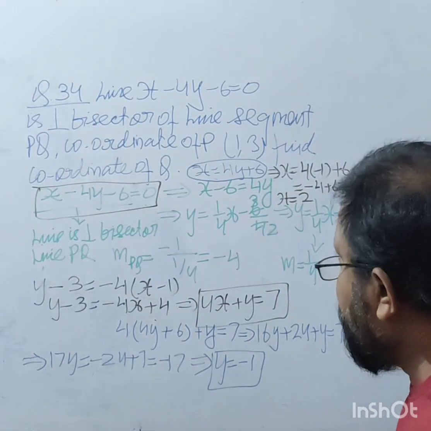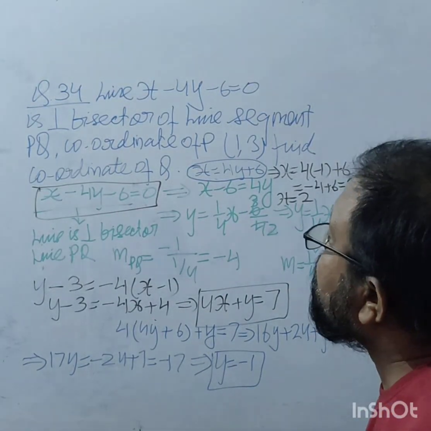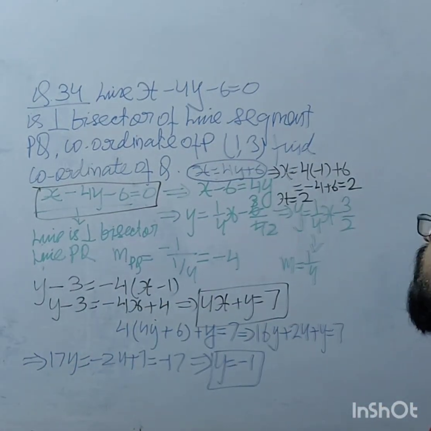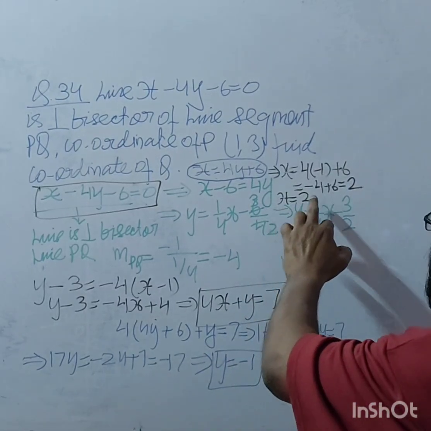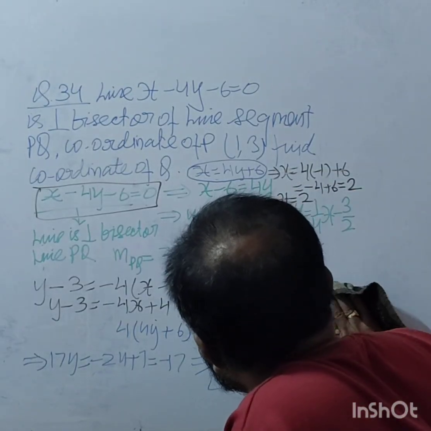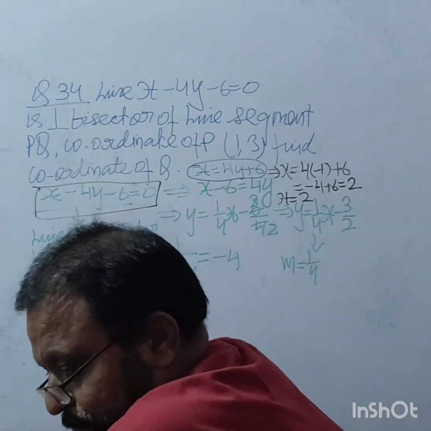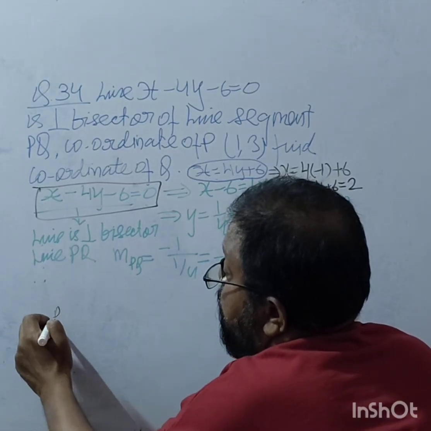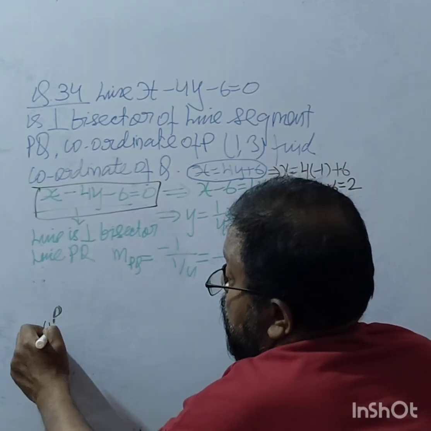Okay? You understand? Now you have written all these things. Solving, we get the value of x is equal to 2 and y is equal to minus 1. Now the understanding is like that. There is line PQ. P, its coordinate is 1, 3.